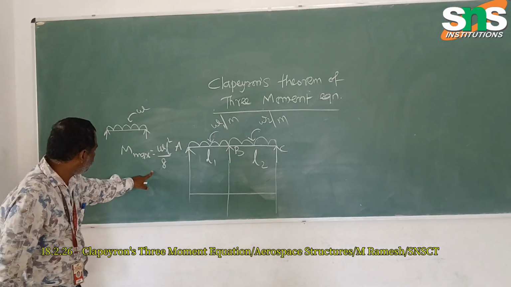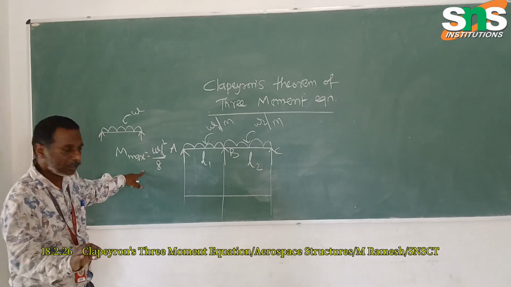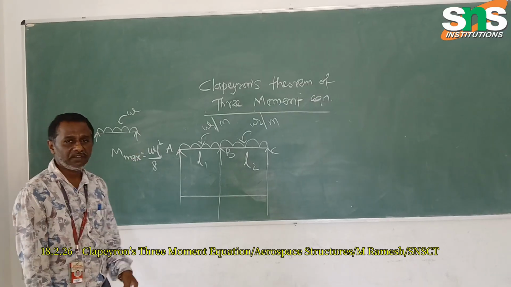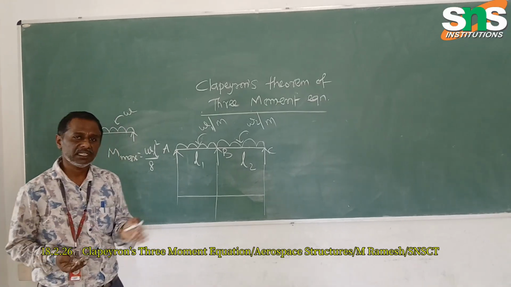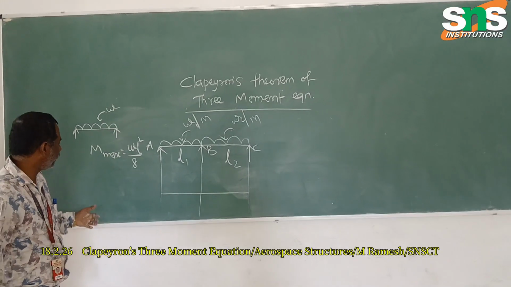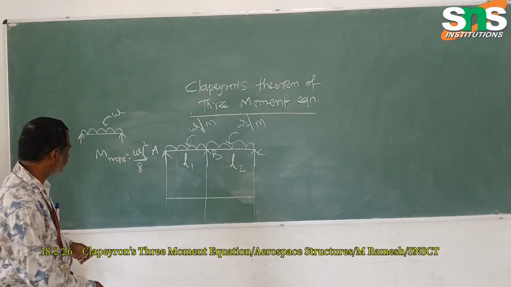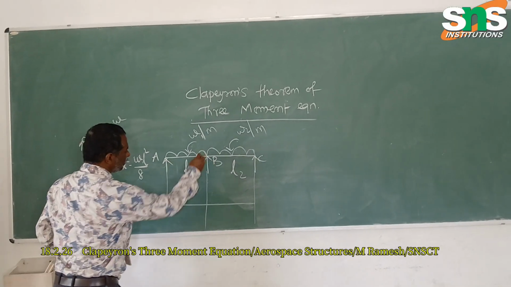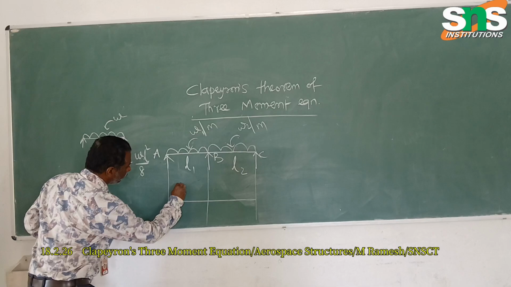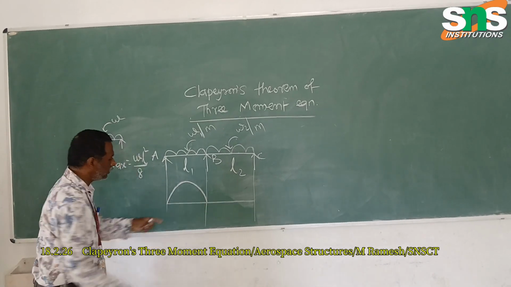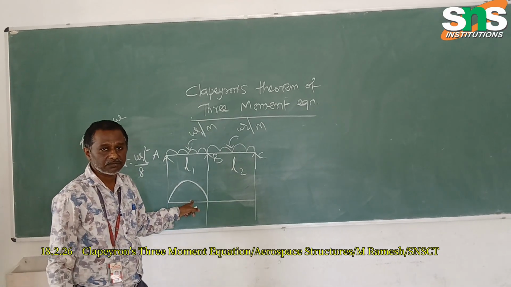This is the formula we can derive, but you have to keep it in mind. Accordingly, it is simply supported with the UDL, and it follows a curvature called parabolic.